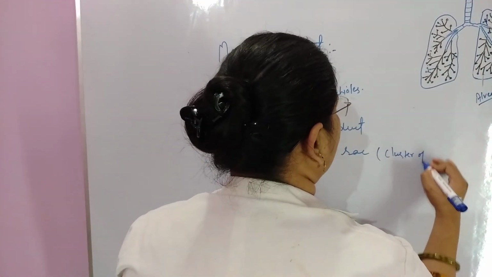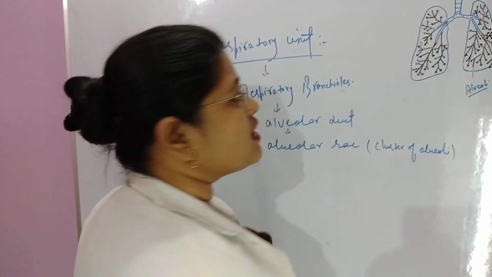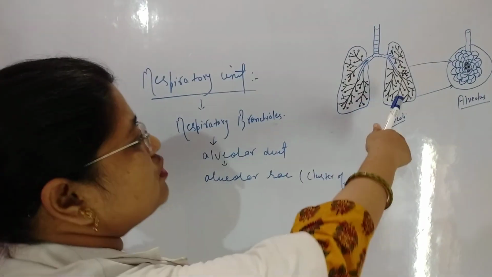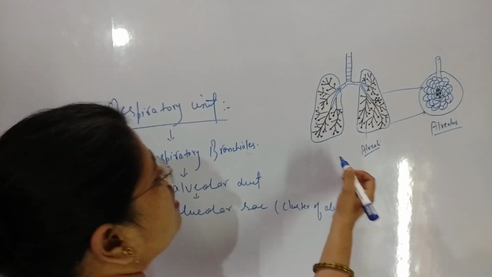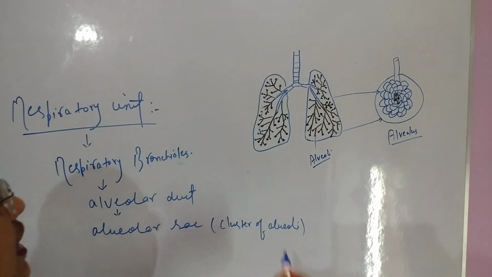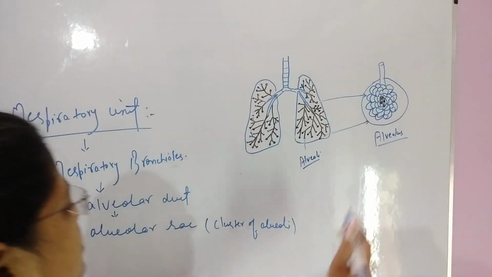A cluster of alveoli. You can see the cluster of alveoli in this diagram. Alveoli is a pouch-like structure.